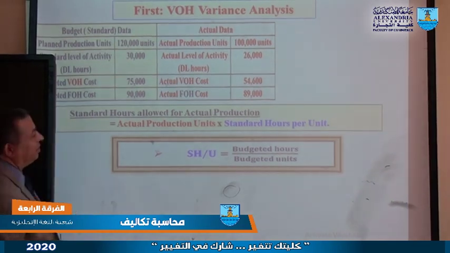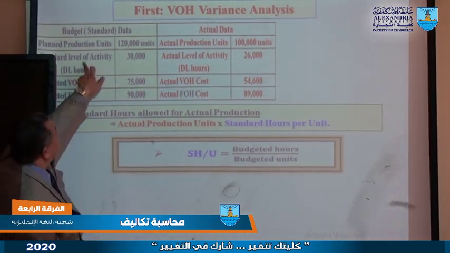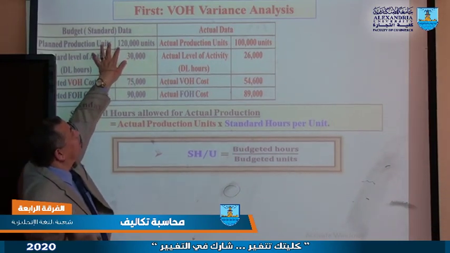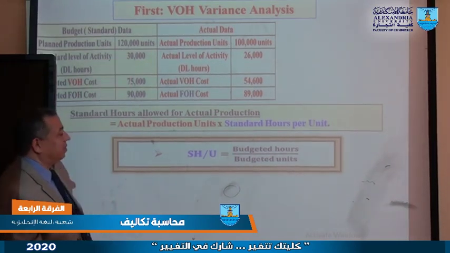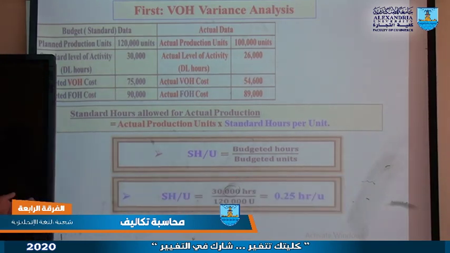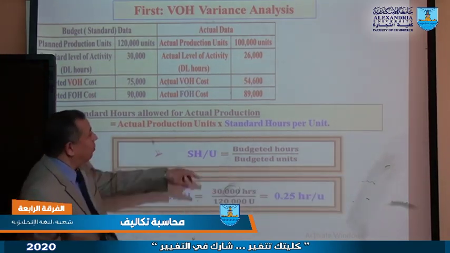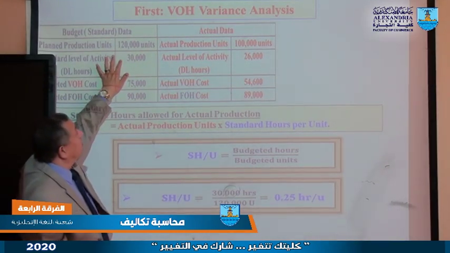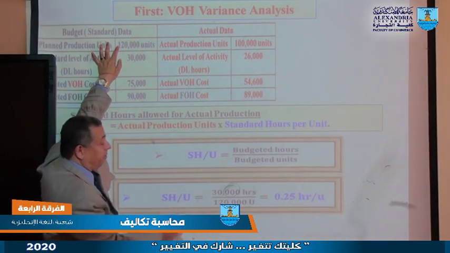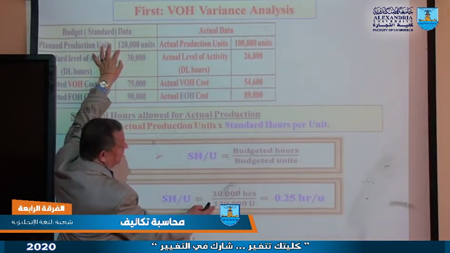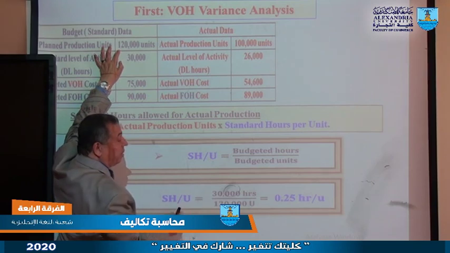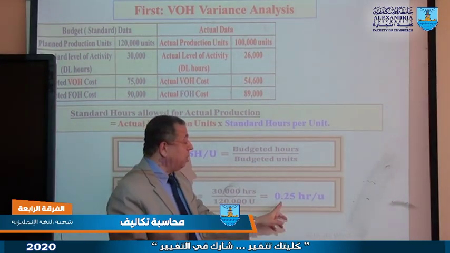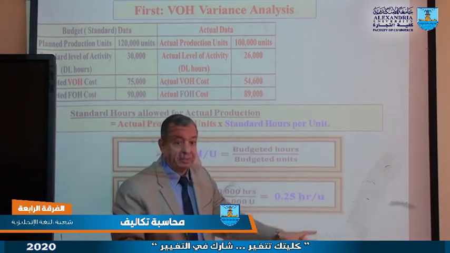Here I have budgeted hours 30,000 and budgeted units 120,000 units. So the standard hours per unit will equal 30,000 divided by 120,000, which is 0.25 hours per unit.